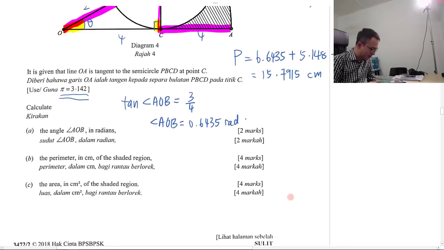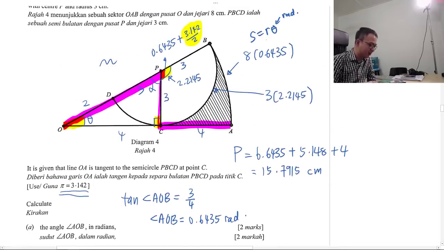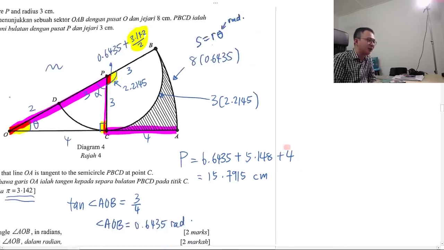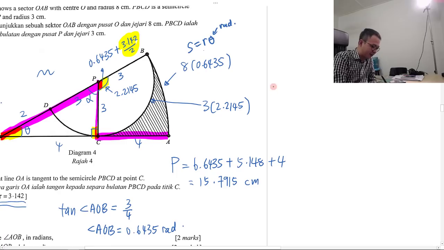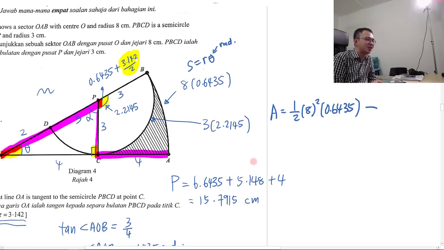Right, and then they asked me to find the area of the shaded region. My logic here is I want to get the whole big sector minus a small triangle minus a small sector. So I will find the big sector, half r squared theta, where theta is 0.6435, and then minus a triangle.